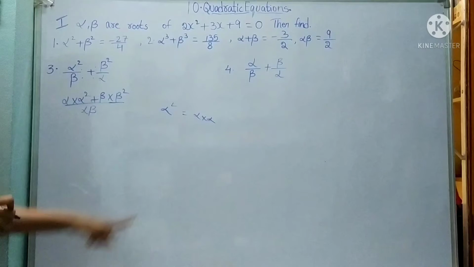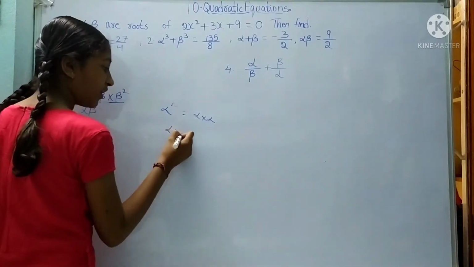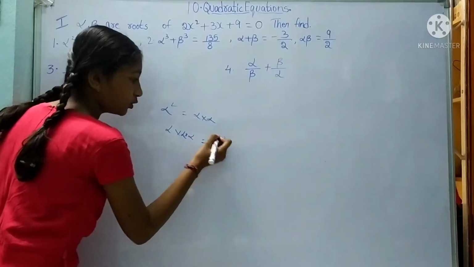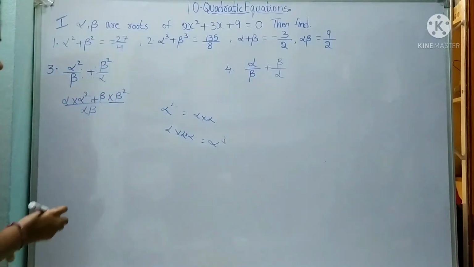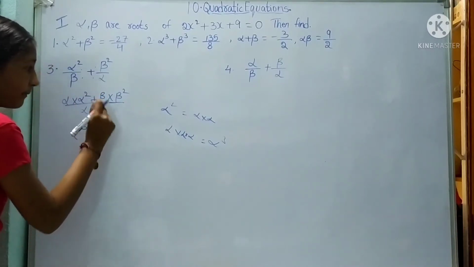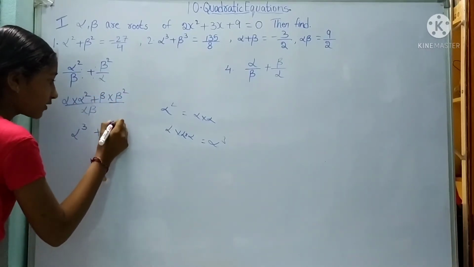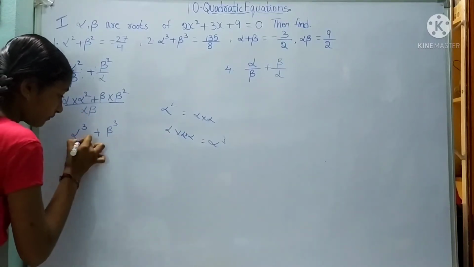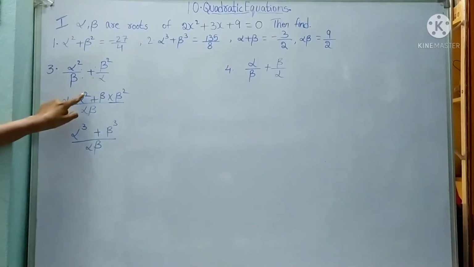Now alpha square into alpha is alpha cube, plus beta into beta square means beta cube, by alpha beta. Two alphas are there and one more alpha makes 3 alphas. Here also 2 betas are there and one more beta makes 3 betas. So alpha cube plus beta cube by alpha beta.